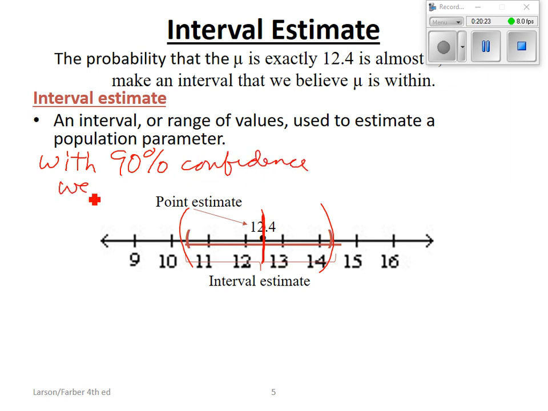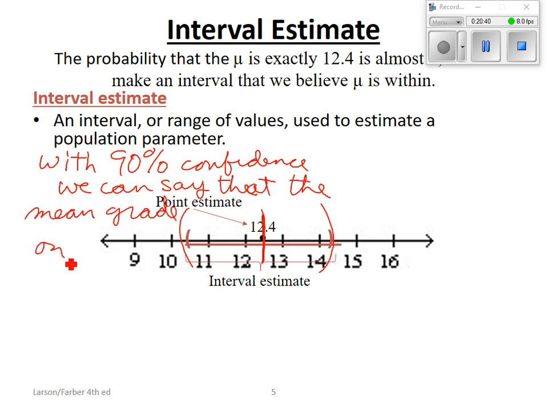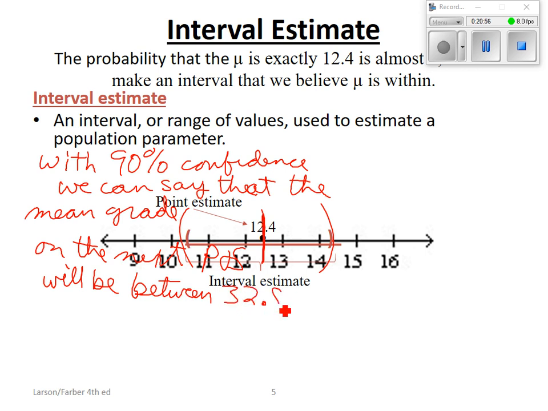We can say that the mean grade on the next prob and stats test will be between 32.8% and 64.5%.